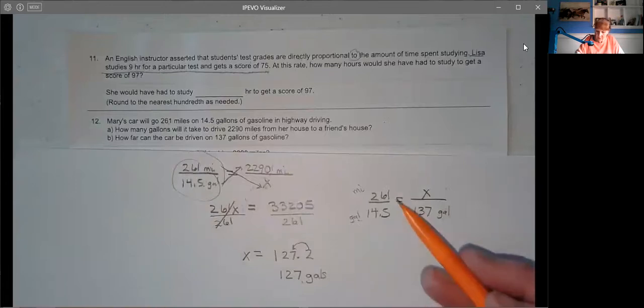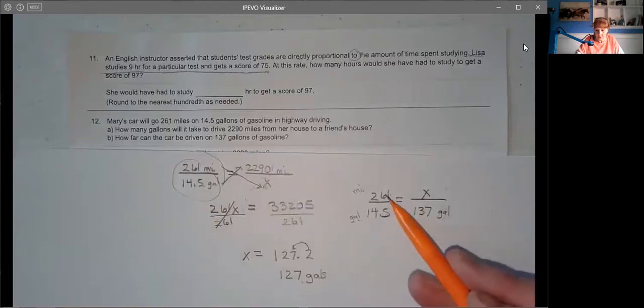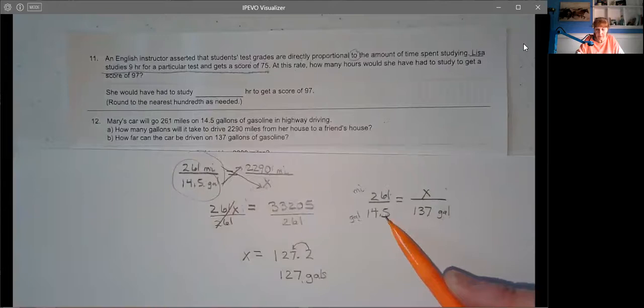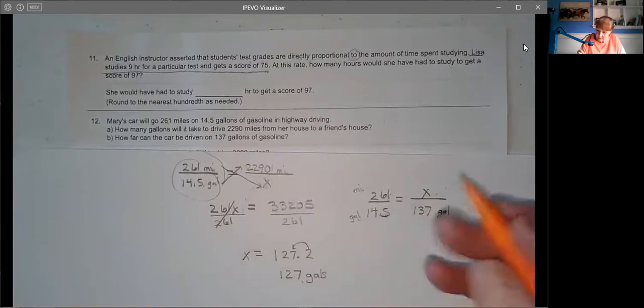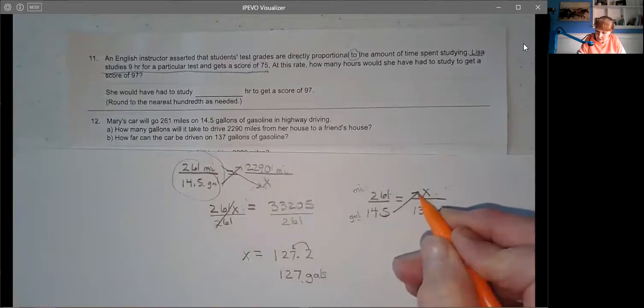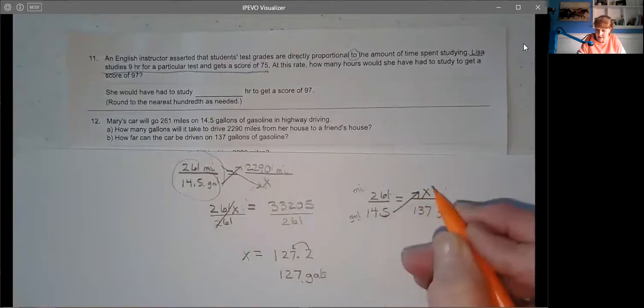So you had the original relationship between these two that was given to you. And then you'll have one missing and you'll be given one. You just need to make sure that the units across from each other are the same. And you cross multiply. I'm doing this multiplication first because it has a variable.